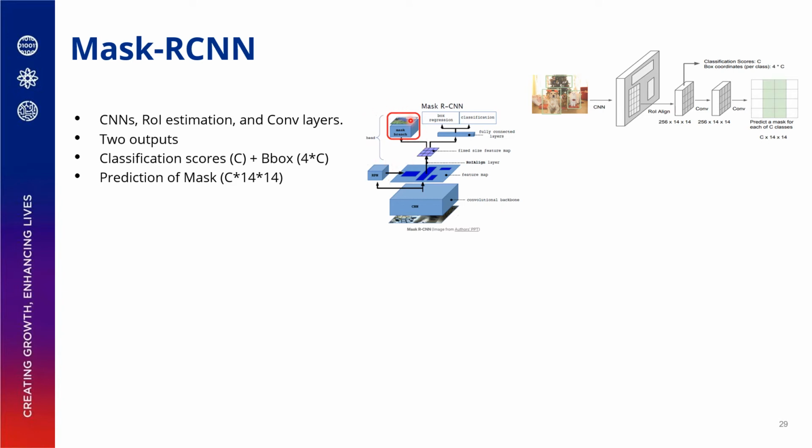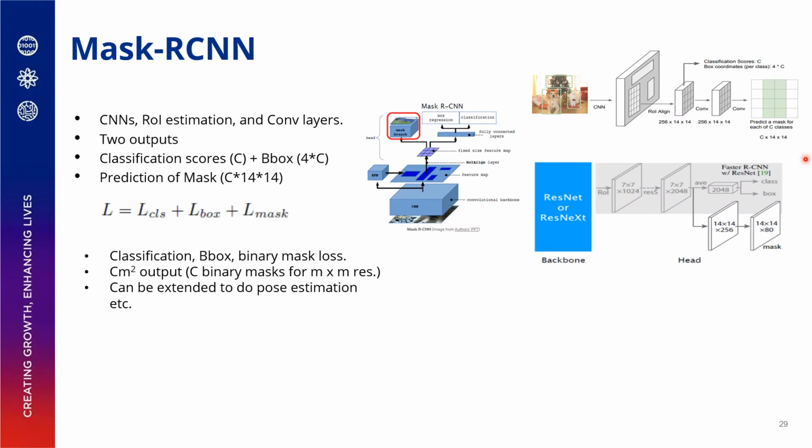So what's happening over here is, on one side, you're detecting the bounding box, and you're detecting the class of the object that's present in that bounding box. And on this side, you're essentially resizing or getting a convolution output of 14 by 14 by 80 size, which is your mask output for that particular dataset.